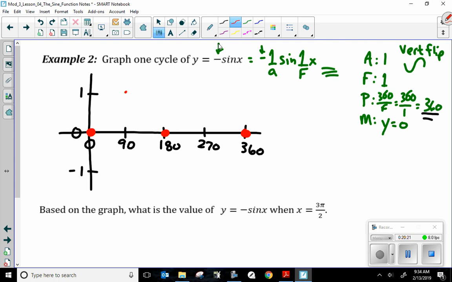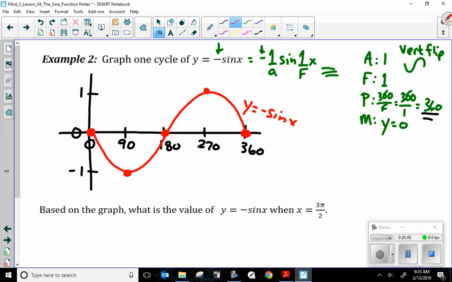But instead of going up, it's negated, so it's going to start going down first. Then at 270, instead of going down, it's flipped and it's going up. And that's what the negation does. It flips it. So now you have, boom, y equals negative sine of x. And there you go. We graphed it.